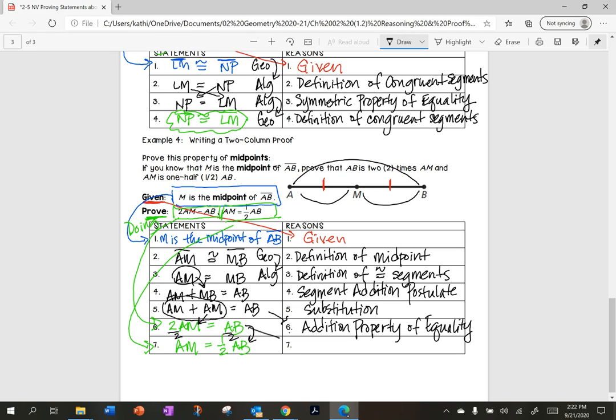So that would be, I'm dividing, so division property of equality. Okay, and that's the end of the lesson.